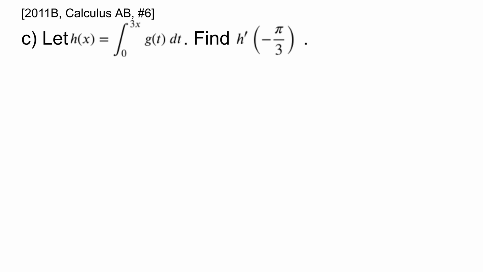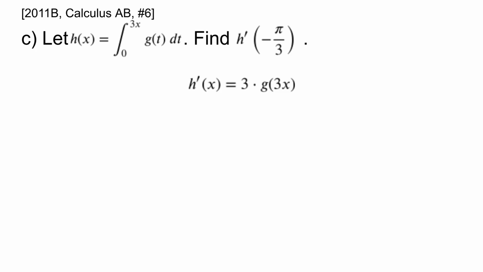In part C of this question, we define the function h of x to be the integral from 0 to 3x of g of t dt, and then we are asked to find h prime of negative pi thirds. Given the way that h of x is defined, h prime of x is 3 times g of 3x.